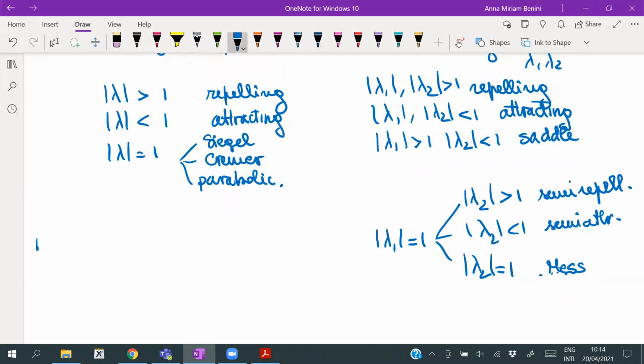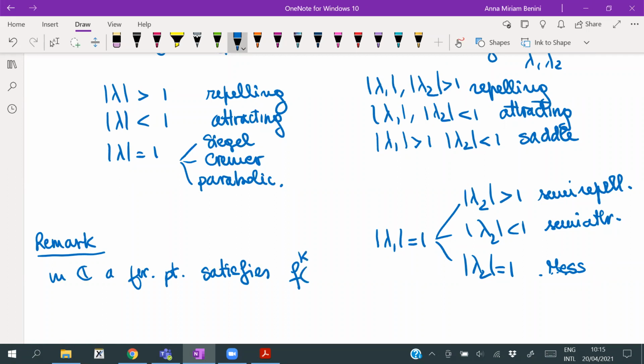So when you are in C, a periodic point satisfies the equation f^k(z) - z = 0. Okay, so if f is really a transcendental function, the solutions of this equation are discrete.